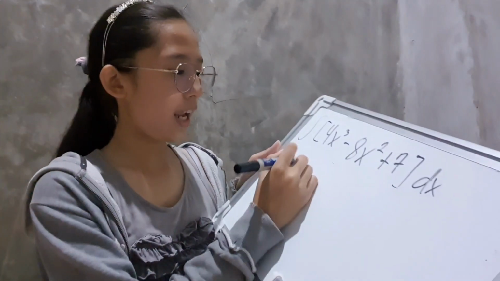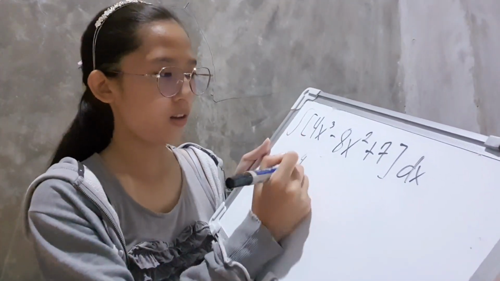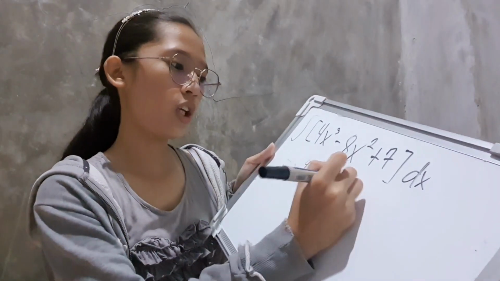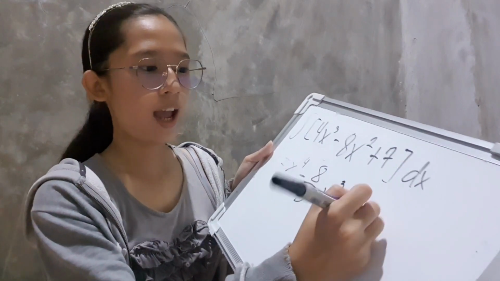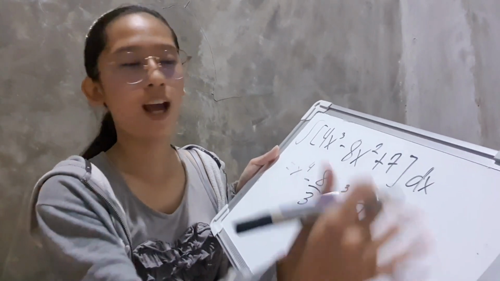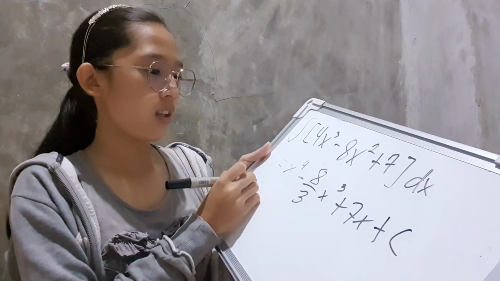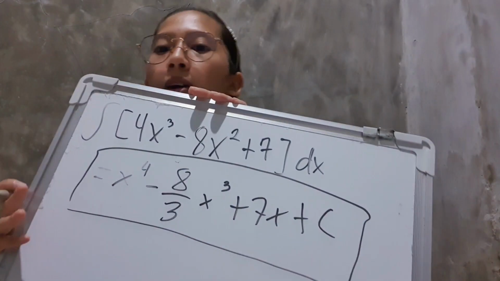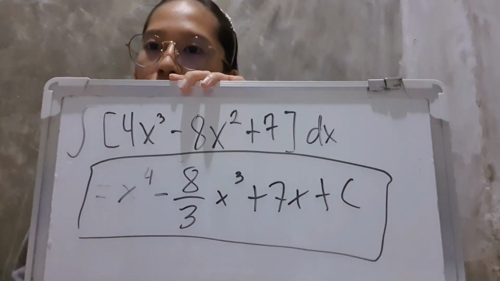The antiderivative of 4x cubed minus 8x squared plus 7 dx is going to be equal to x to the power of 4 minus 8 over 3 x cubed plus 7x plus, of course, we should never forget, plus c. So basically, this is the antiderivative of the polynomial function using the power rule.